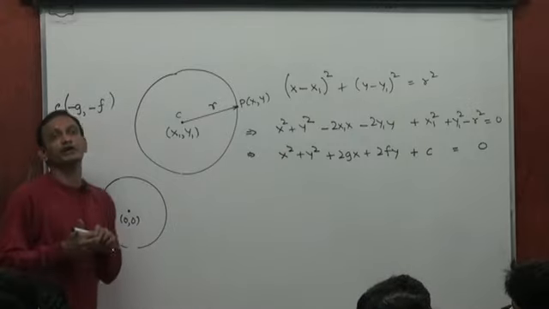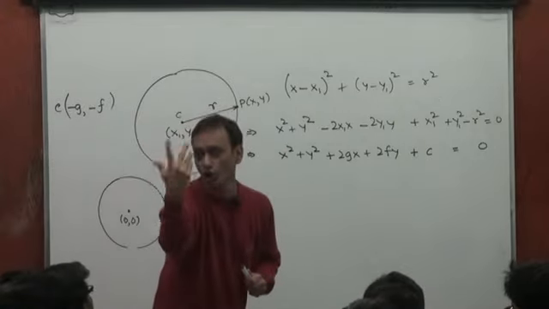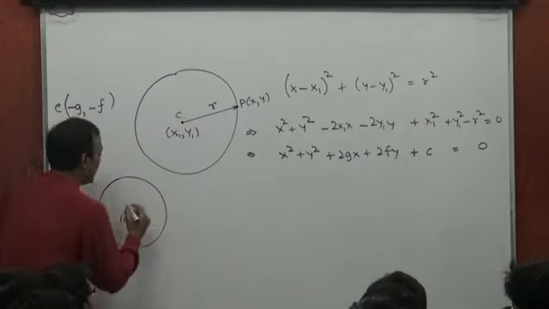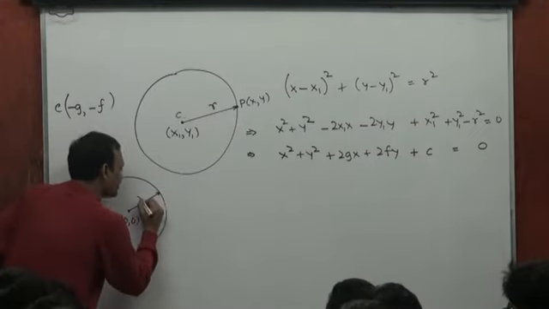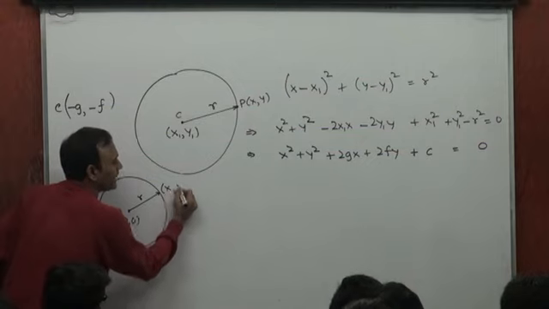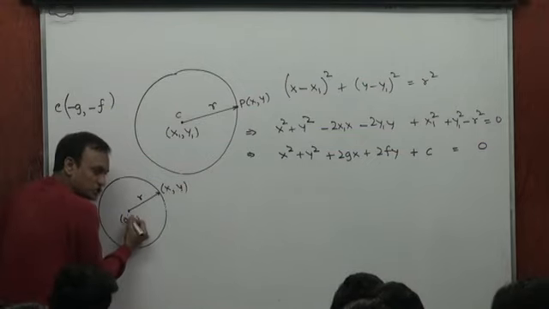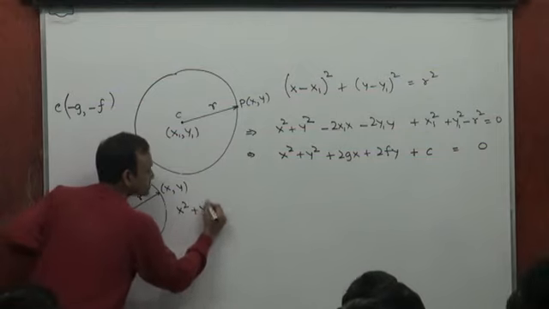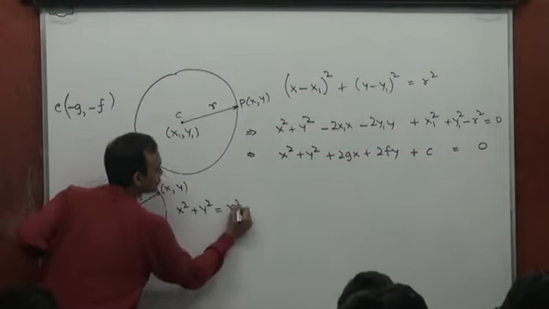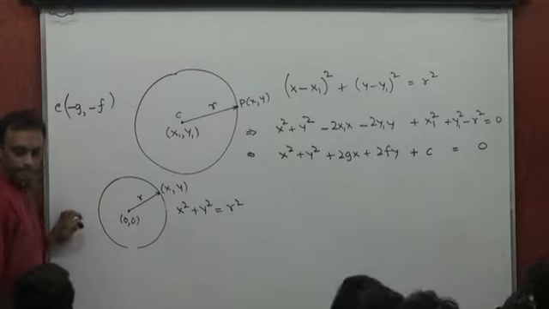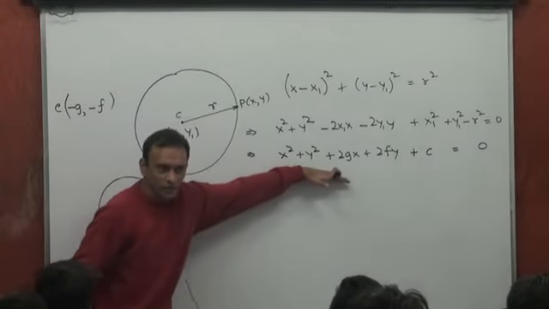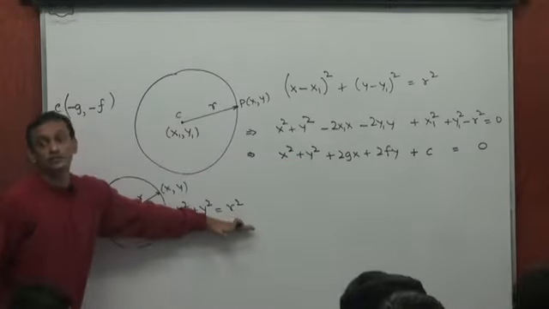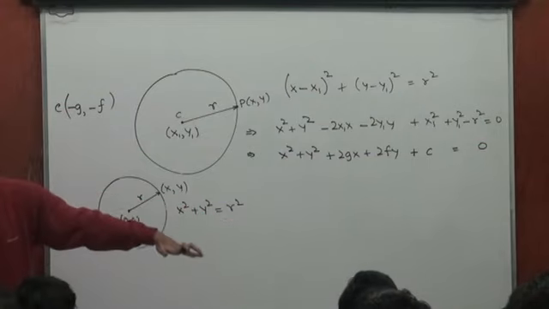Because the choice of the coordinate axis is entirely yours. And if r is the radius of the circle and if x, y be any point on the circle, then its distance from 0, 0 will be equal to r. So the equation of the circle whose center is the origin is x square plus y square equal to r square, right? This is the equation of a circle whose center is the origin. Clear?